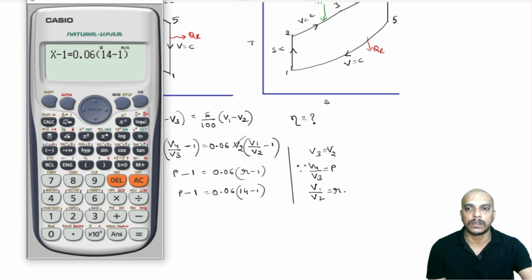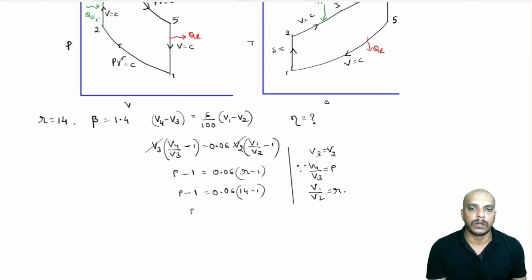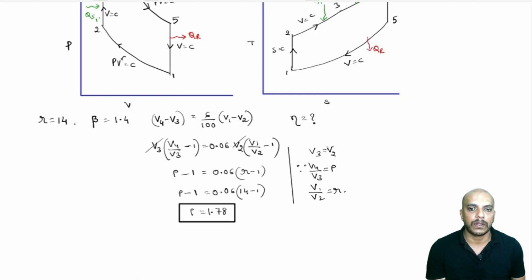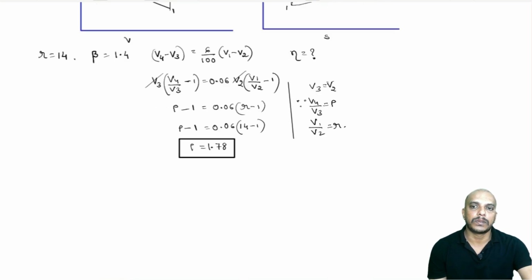Using the calculator's solve function, we get 1.78. The value of the cutoff ratio here is rho equal to 1.78. Now we have the cutoff ratio, the compression ratio and the explosion ratio beta. These are the values we need in order to calculate the efficiency.